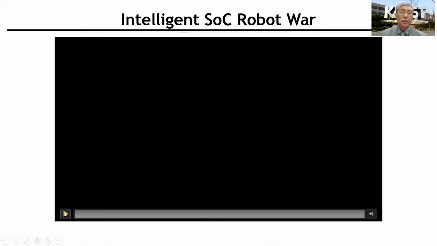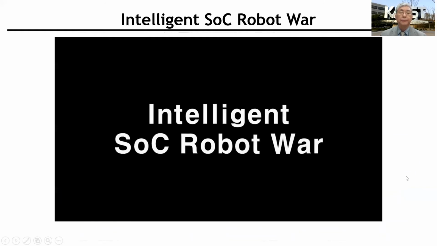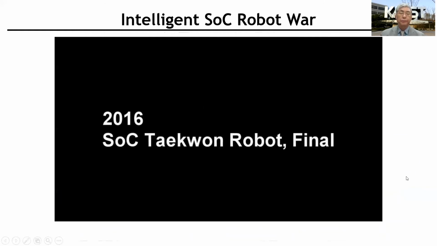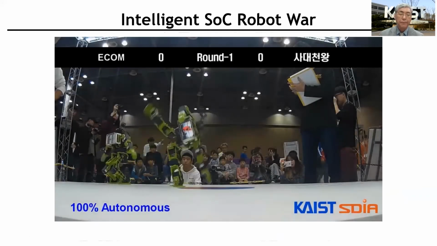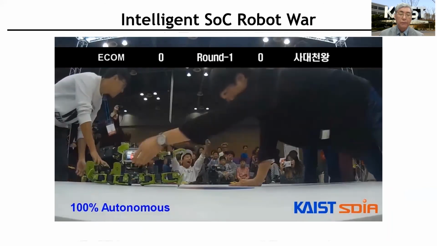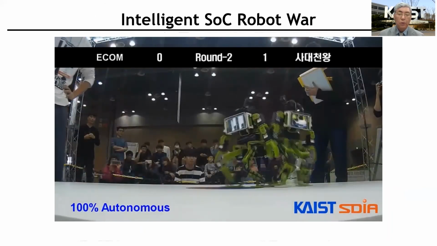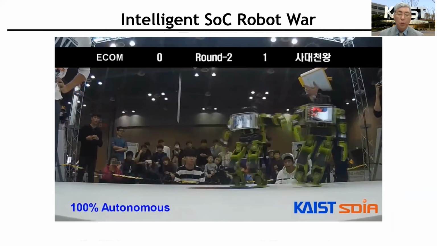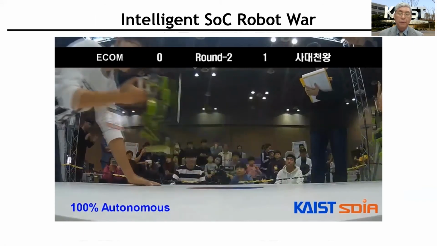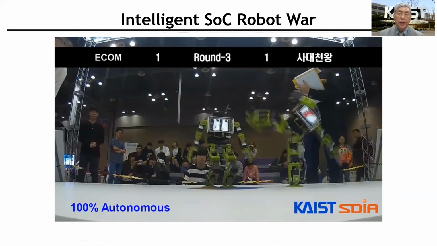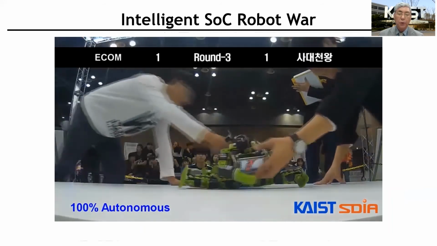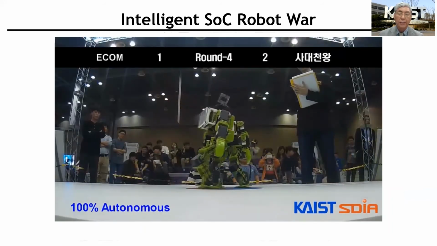So this is one example. So the robot is autonomous, of course. And if you hit the other robot and it falls down, then you win.